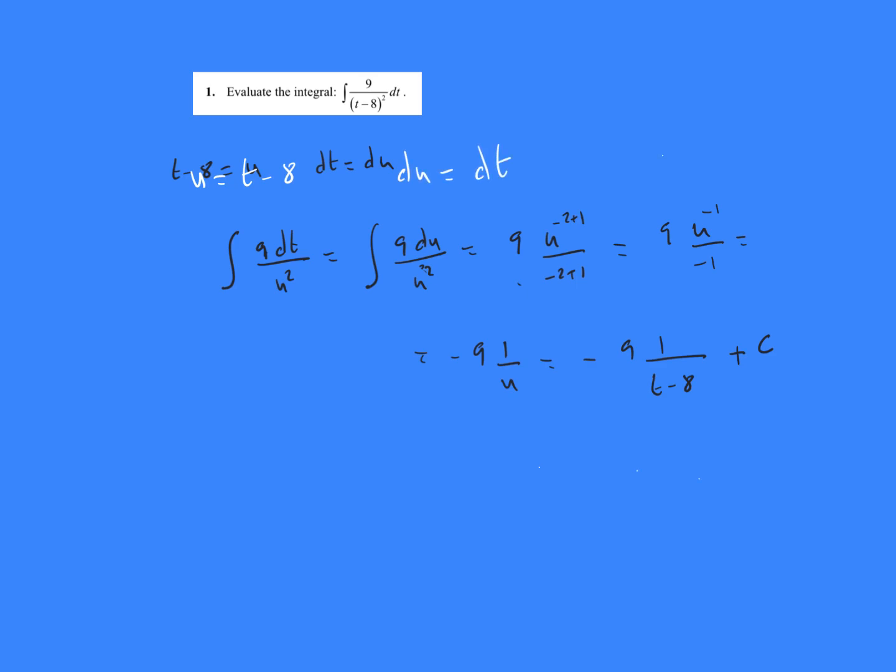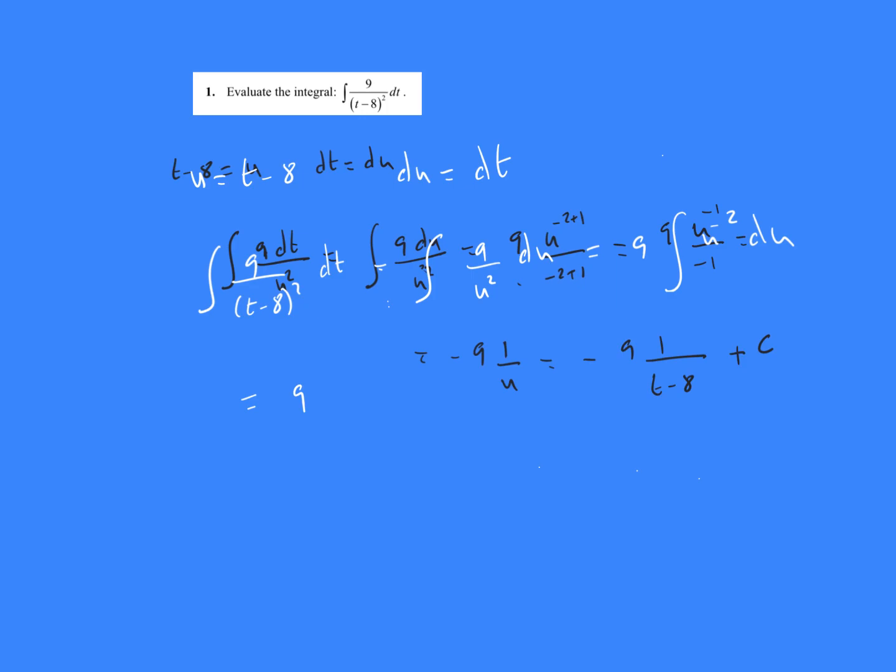So dt is du. So the integral of 9 divided by (t minus 8) squared dt is the integral of 9 divided by u squared du. This is 9 times the integral of u to the minus 2 du.